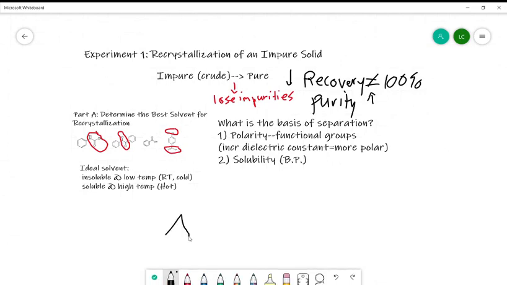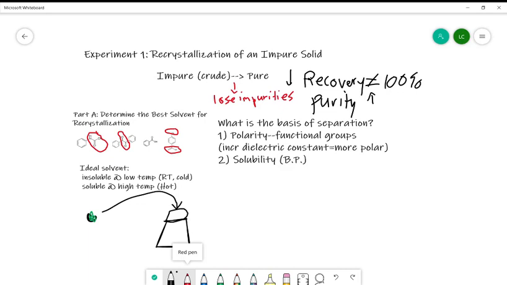Essentially, okay, that's a bad drawing. So essentially you guys had a little Erlenmeyer flask or beaker, whatever you used. You took a little bit of your compound and put it into your flask, and then you want to use a minimum amount of solvent.